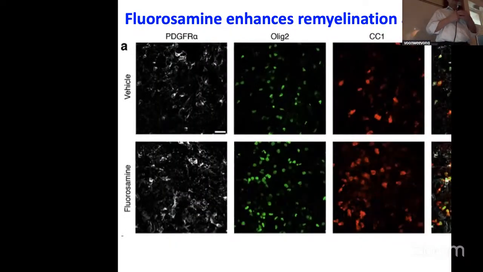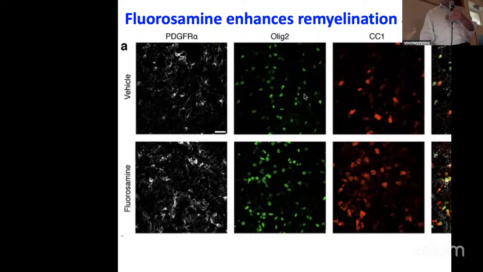In the lysolecithin demyelination model, we have also used fluorosamine. Treatment is initiated 48 hours following demyelination when CSPGs, particularly Versican V1, are beginning to accumulate. And with daily treatment, animals were killed at 7 days following demyelination, looking into the lesion. And you have seen examples of this already presented, where OLIG2 is a transcription factor that defines cells of the oligodendrocyte lineage. If they are PDGF R-alpha positive, this is an OPC; CC1 positive, a mature oligodendrocyte.